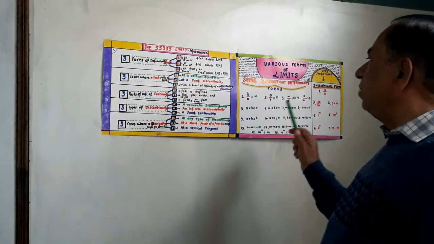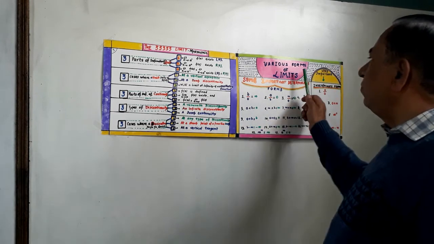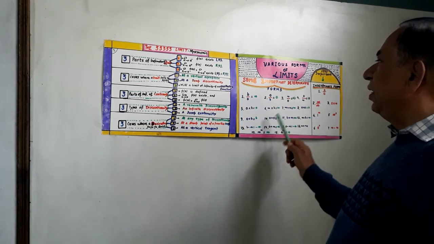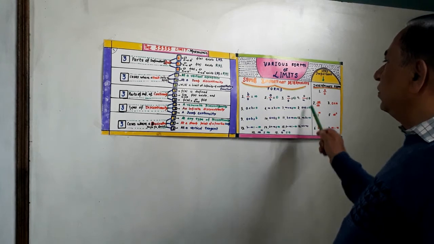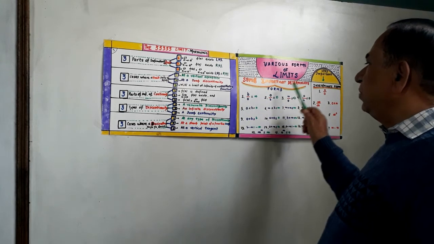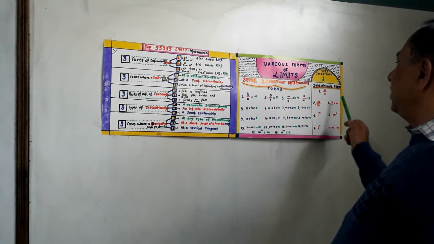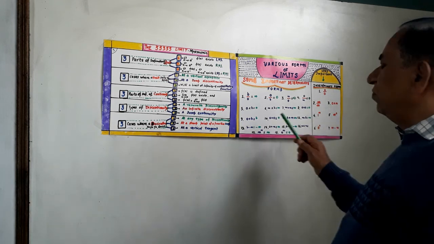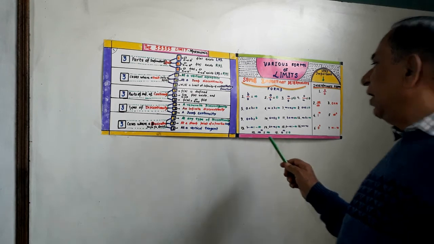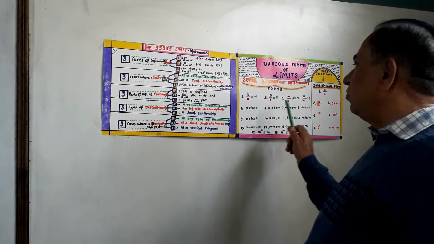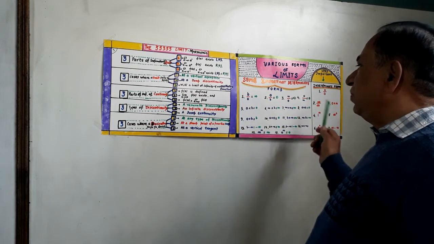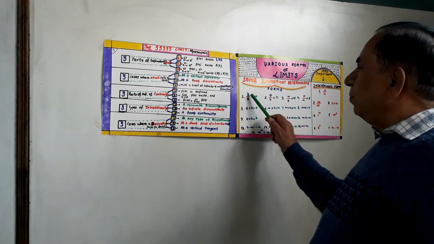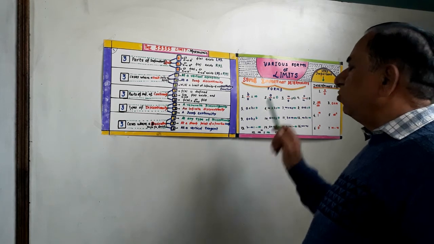However, now I am taking you to various forms of the limits. These are the forms which are determinate forms, and these are 7 forms which are indeterminate forms. We will be discussing them so that you are able to distinguish between them. Look here, b over 0 is equal to infinity.